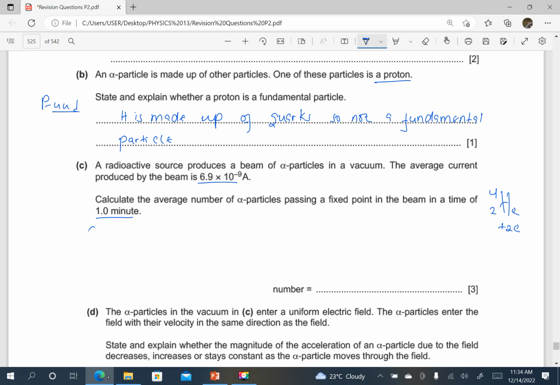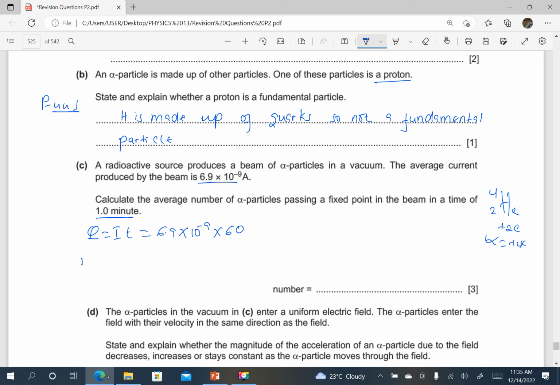So we know that charge is equal to current times time. And we see that the current is 6.9 times 10 power negative 9, then times time, which is 1 minute, and 1 minute is 60 seconds. So the total charge is 6.9 times 10 power negative 9 times 60. Remember, one alpha particle has a charge of positive 2e, or positive 2 times 1.6 times 10 power negative 19.